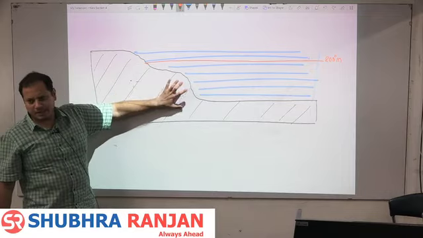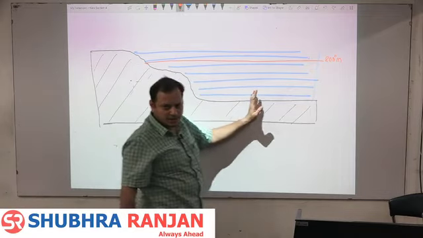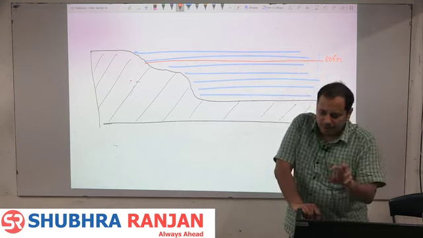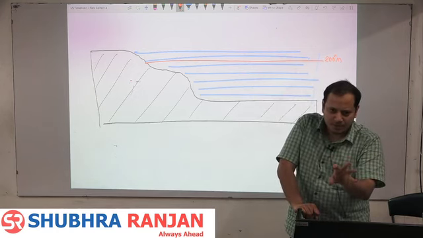Continental shelf, slope, etc. And this is the oceanic bottom. Now, when we say ocean deposits, usse pehle we should understand what are the ocean biomes.